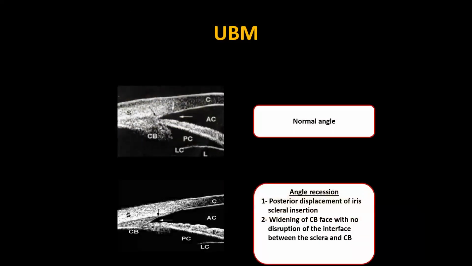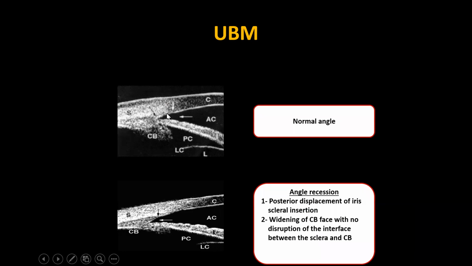So by the way, what happens in angle recession? There is a separation between which and which? The circular and longitudinal ciliary muscles. Excellent. So that's a UBM of a patient who has an angle recession. You can see that there is a normal angle here superiorly. That's the ciliary body, that's the sclera, that's the Schwalbe's line, and that's the scleral spur beneath it.